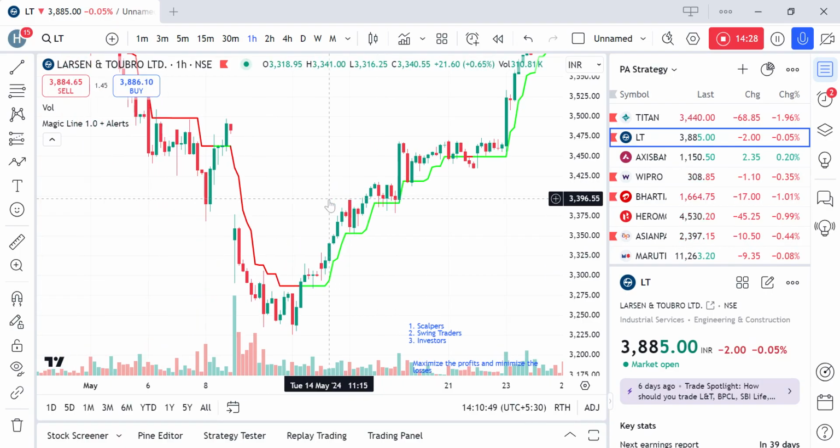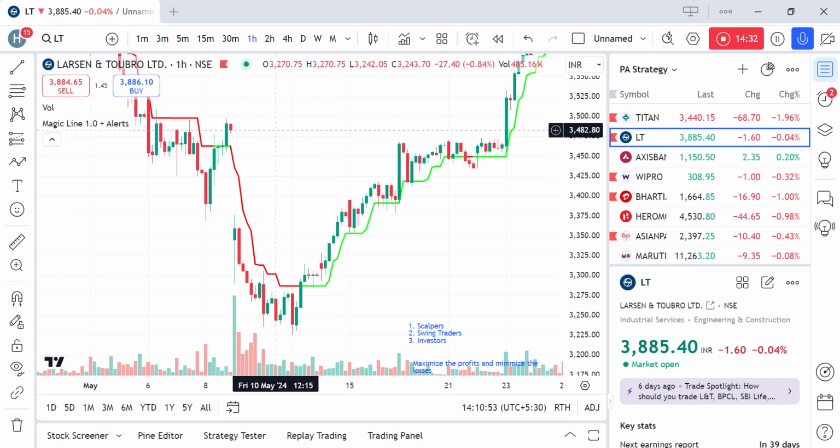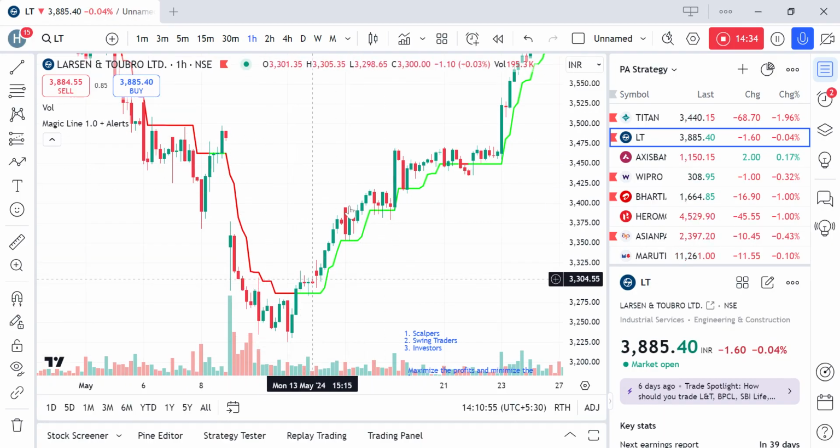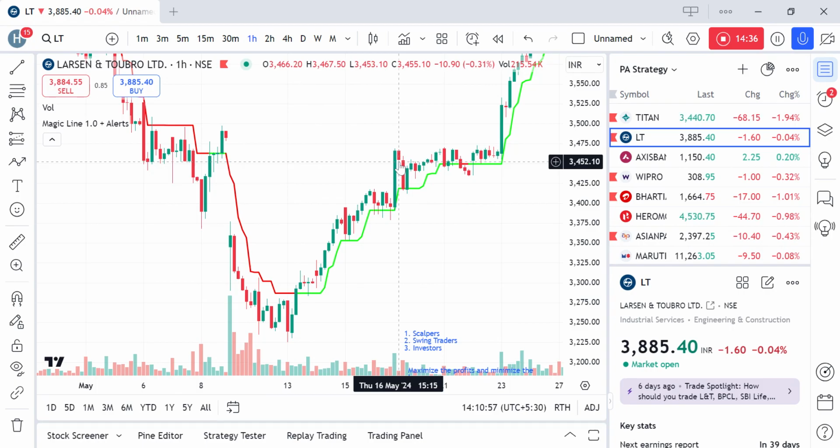To know the strategies, like how to enter, when to exit, when to book our losses, and when to book our profits, there will be some detailed strategies which we will be telling you after your purchase.